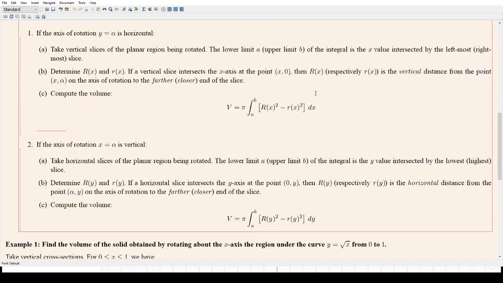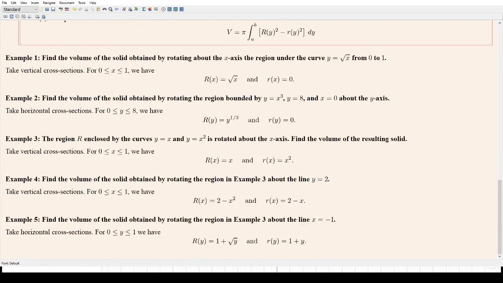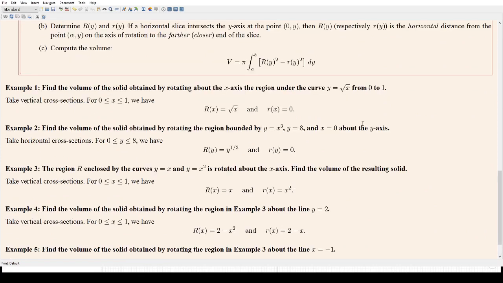And then I say a little bit more about the washer method here, but before we do that, let's just jump into an example, because I feel like this is the sort of thing that really makes the most sense once you see it done a few times. It's an argument that is geometric at its core.